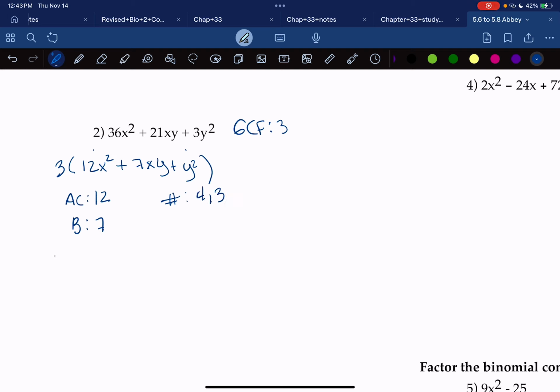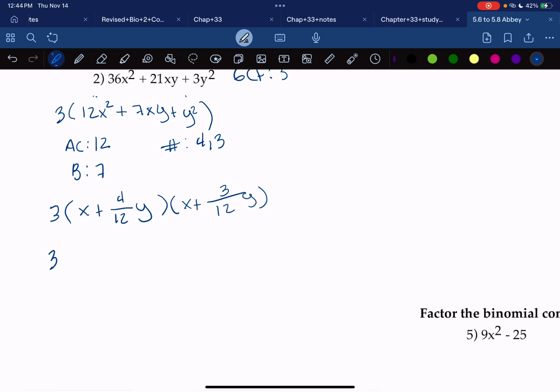Now we can do our 3 out front, our greatest common factor. We can do x plus blank over blank y, because we have x and y. x plus blank over blank y. At the top, we put the numbers that we found, 4 and 3, and then we put our A at the bottom, which is 12.